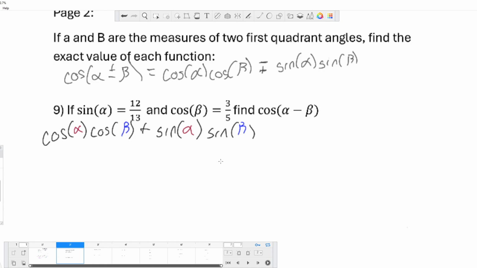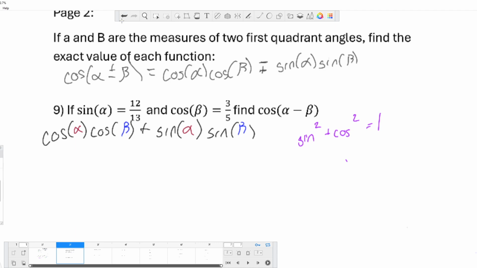So really the easiest approach is to apply the Pythagorean rule. We know that sine squared plus cosine squared equals 1. So we're able to figure out what, I'm sorry, cosine of alpha would be by using this formula.